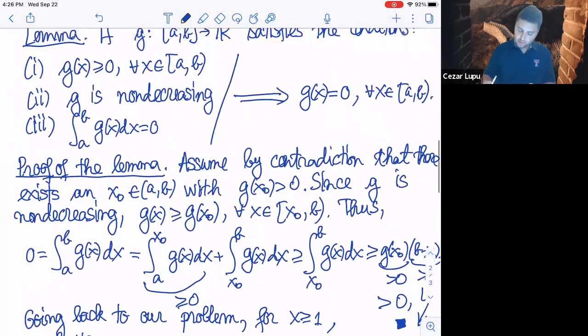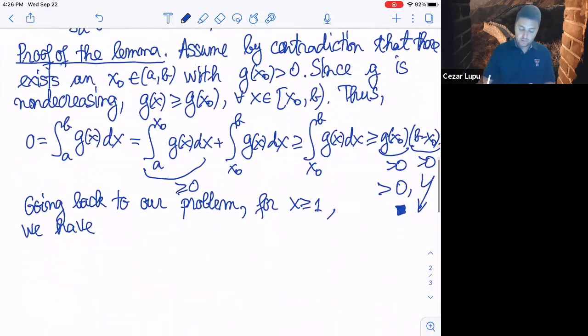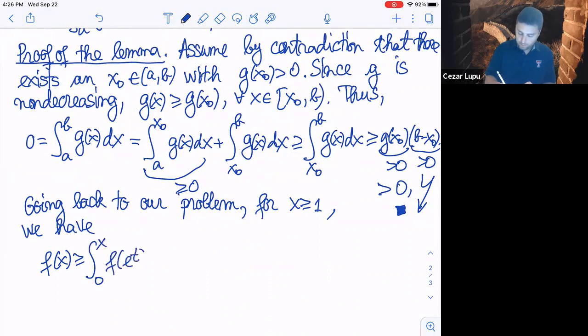So let's use our condition in the problem. So f of x is greater or equal than that integral over there. So let's use that, and we're gonna use the same idea as in the proof of the lemma. We're gonna break the integral into two. So let's do that. So we have this here.